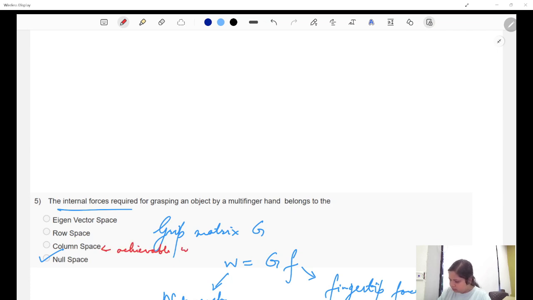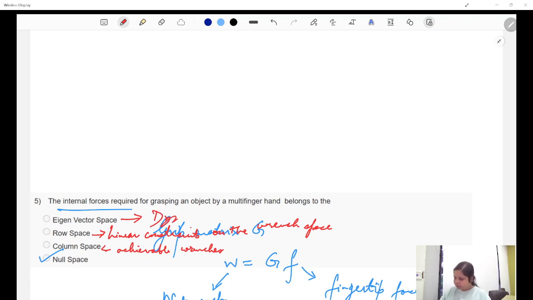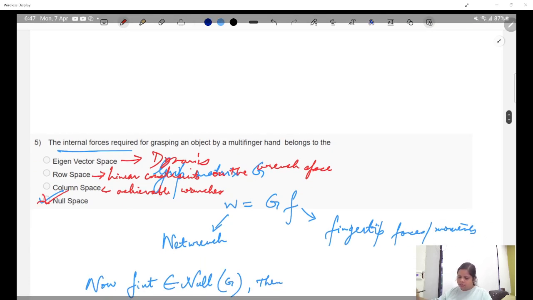These are achievable wrenches, that is external effects. Then these are linear constraints on the wrench space. These are not at all related to this. These are related to dynamics. So we don't have to do anything with this. So your correct option is null space.